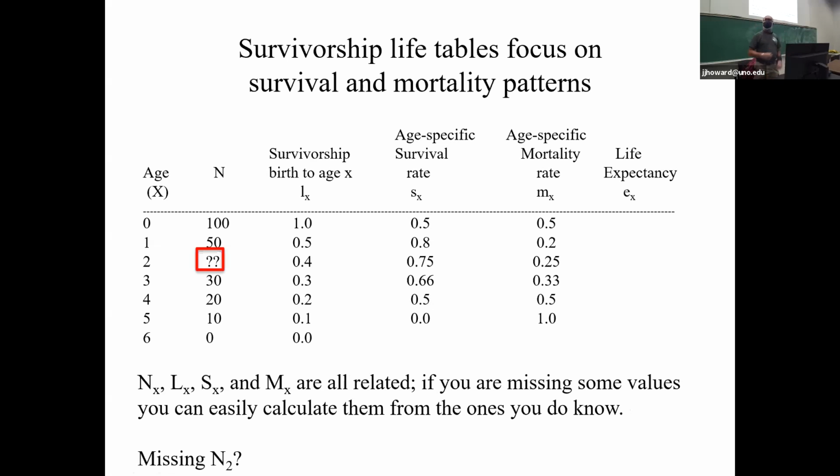Okay, so let's take an example. If you do not know the number that are alive at age 2, but you know the rest, there are multiple ways to calculate that. How do you calculate it? Well, you can take the age-specific survival rate and the number that were alive at age 1. 80% of 50 is 40.